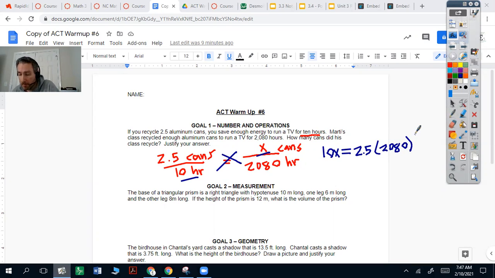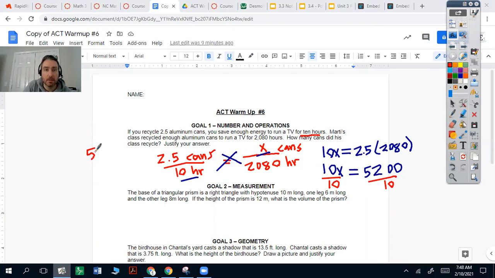So I would do 2.5 times 2080, which is 5,200. And I would divide by 10. So use your calculator if you need to, but when you divide by 10, it's basically going to take that last zero off. So it's going to be 520.